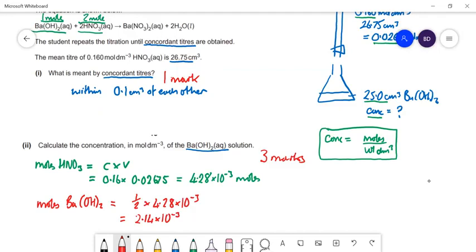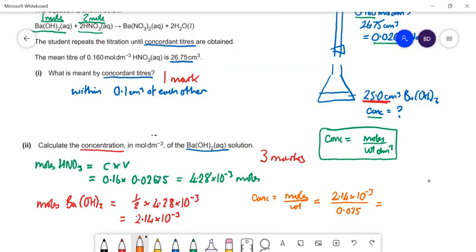We need to work out the concentration of it now. We know the number of moles, and we know the volume. The volume is 25.25 centimeters cubed. So let's do that finally. Concentration is moles over volume: moles 2.14 times 10 to the minus 3, and the volume is 25 centimeters cubed, that's 0.025.